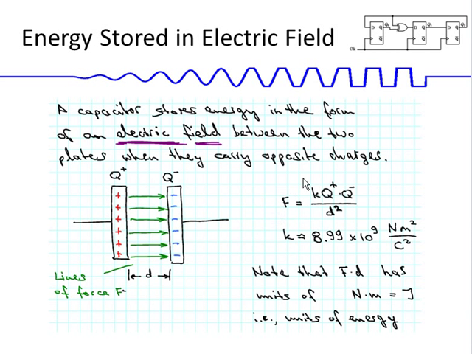The force between two charges is given by this formula here, some proportionality constant k times the positive charge times the negative charge divided by the distance in between squared. Force times distance has units of newton meter, which is equal to joules, and that is units of energy. So that's how the energy is stored in the capacitor.